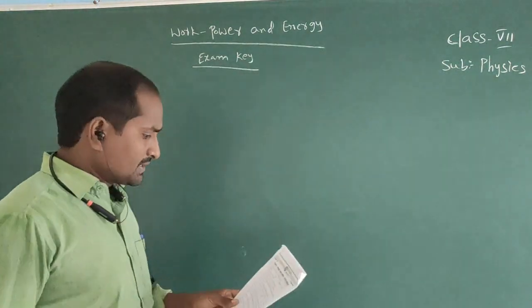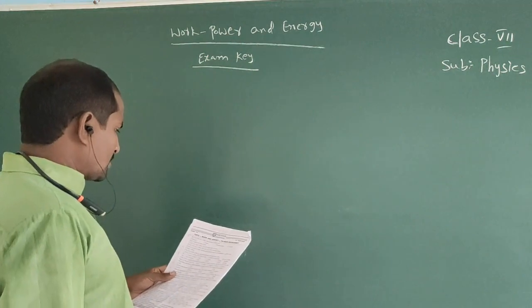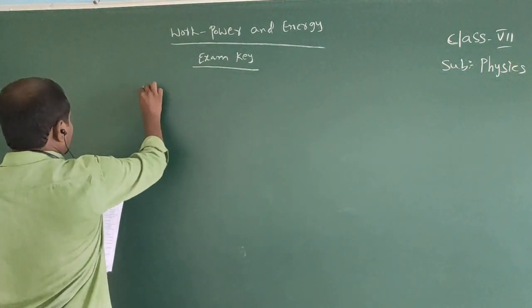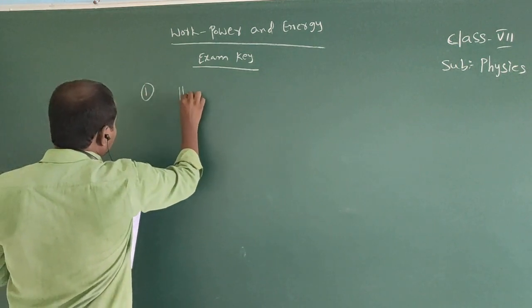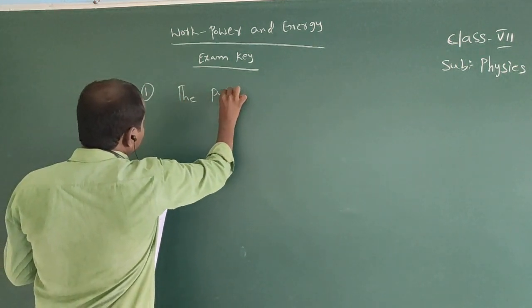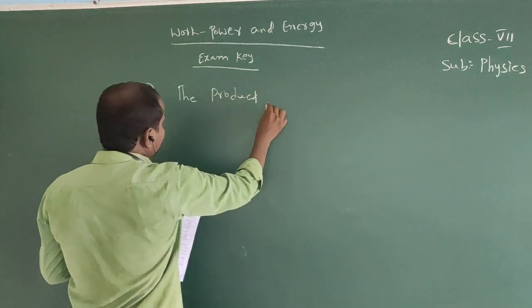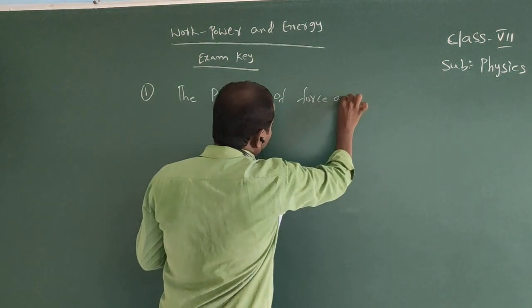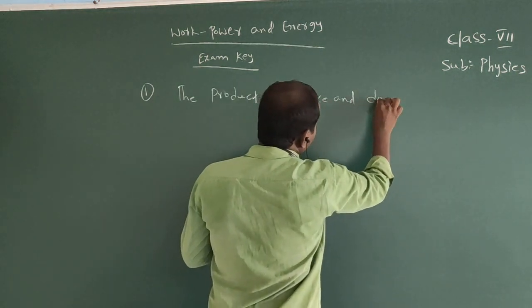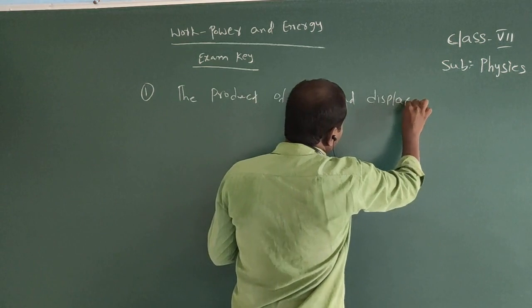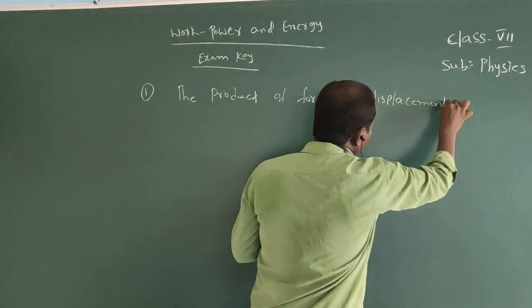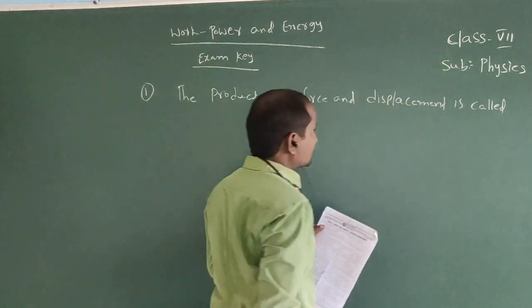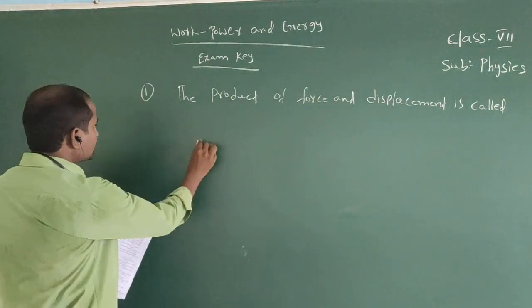Listen, the first one: the work done by a body is the product of force and displacement. The product of force and displacement is called work done.